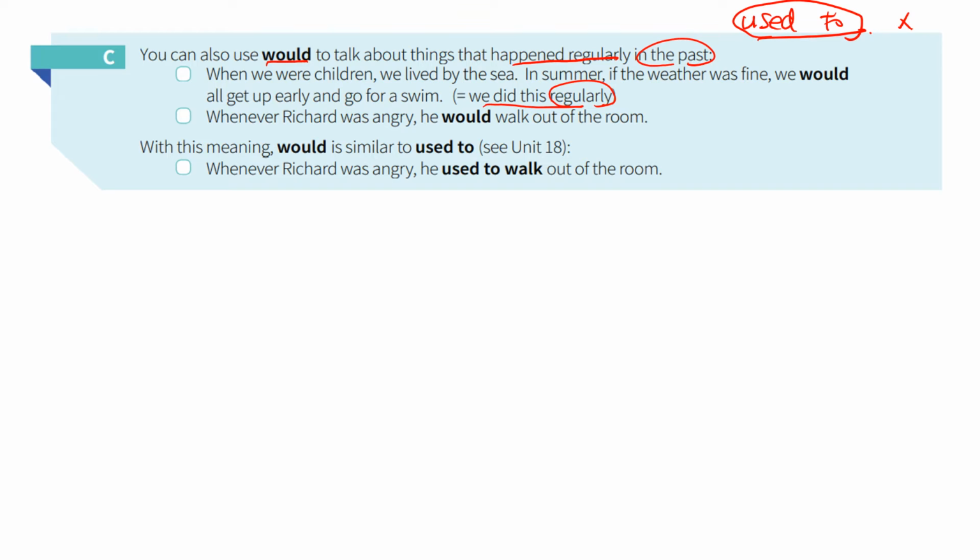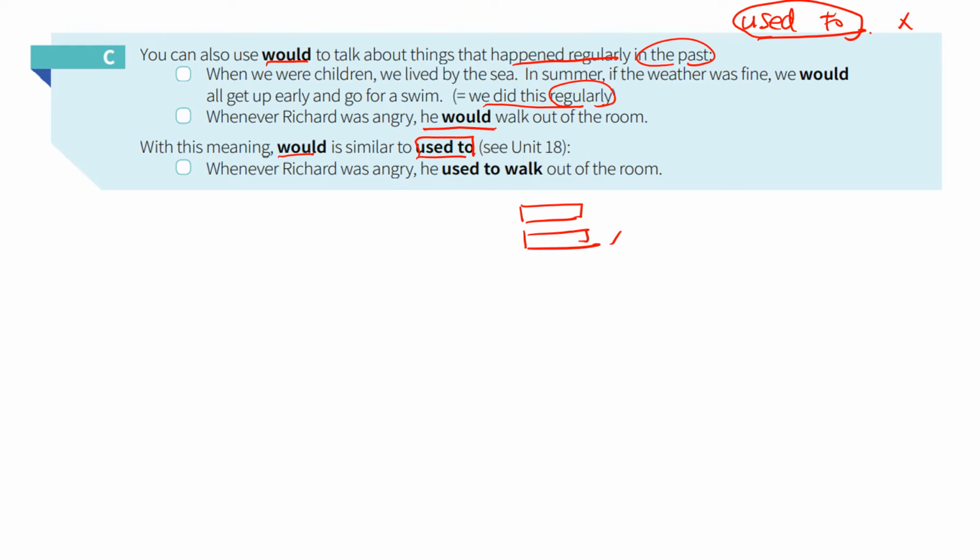Whenever Richard was angry, he would walk out of the room. With this meaning, would is similar to used to, and they both are just like memories of the past.